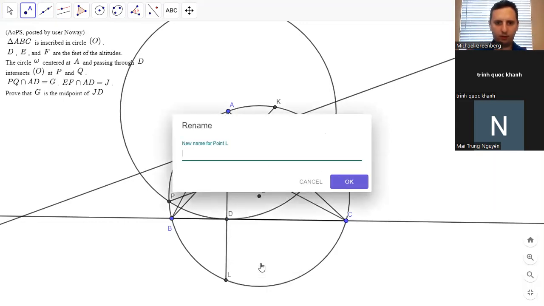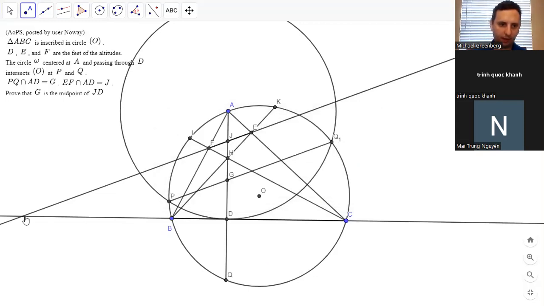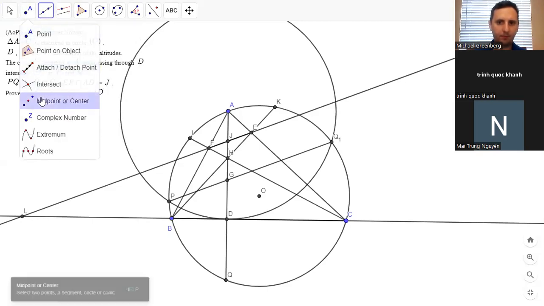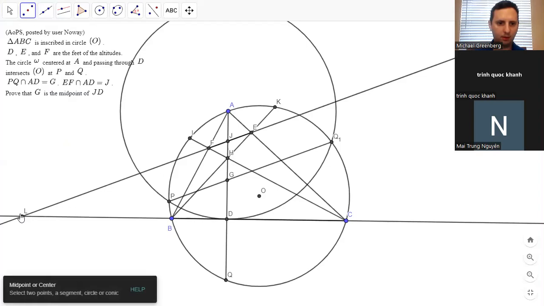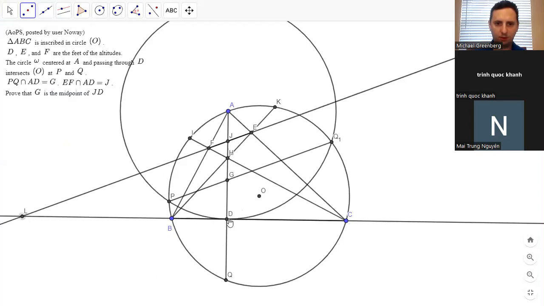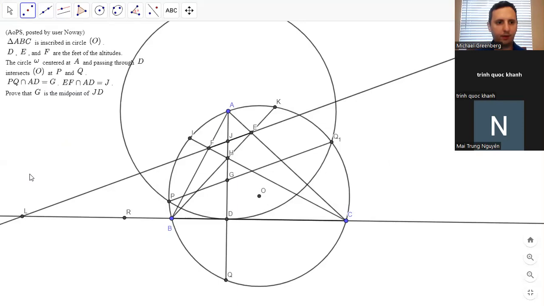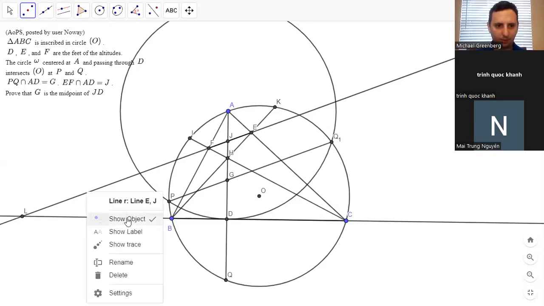Call it Q. Okay, so this will be L, and then R is the midpoint of LB. Okay, so I think you've solved it, right? Yeah, it seemed like an easier problem.